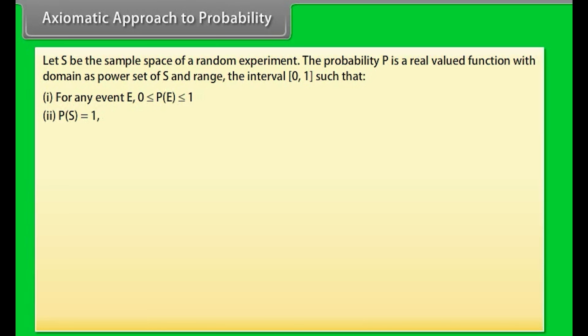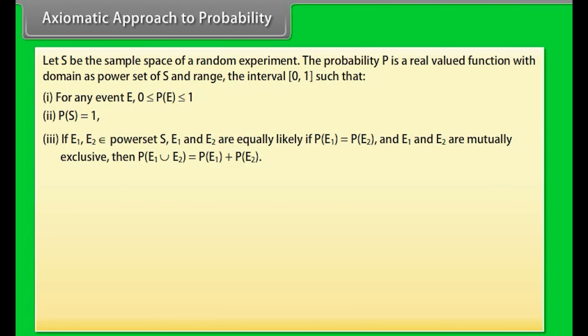And 3. If E1, E2 belong to power set of S, E1 and E2 are equally likely if P(E1) is equal to P(E2), and if E1 and E2 are mutually exclusive, then P(E1 union E2) is equal to P(E1) plus P(E2), where P(Ei) is called the probability of event Ei.